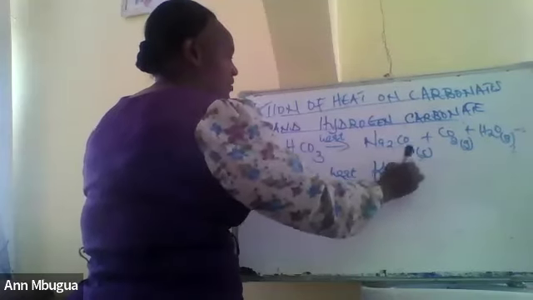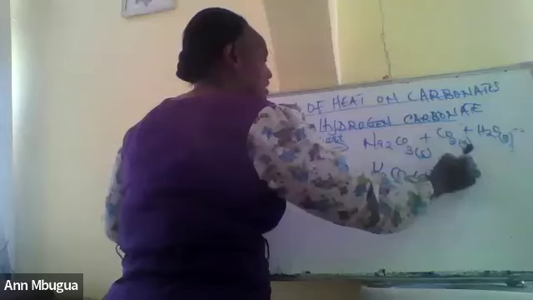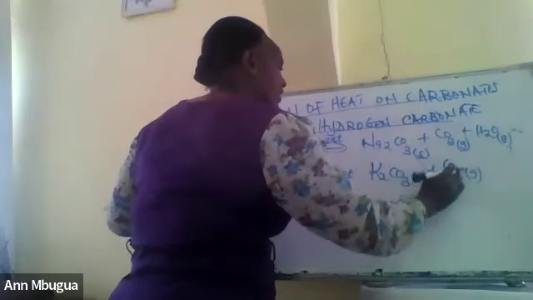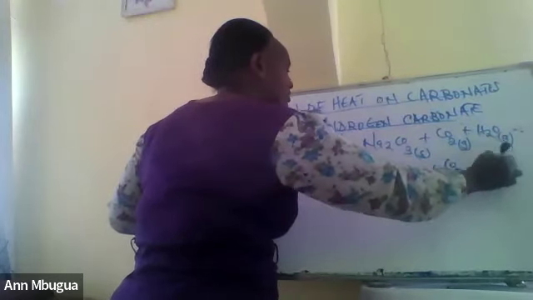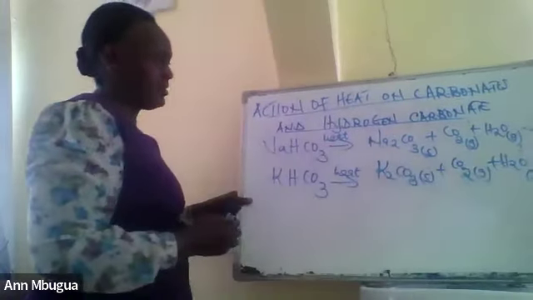Likewise for potassium hydrogen carbonate, the corresponding potassium carbonate, carbon 4 oxide, and water will be the products.